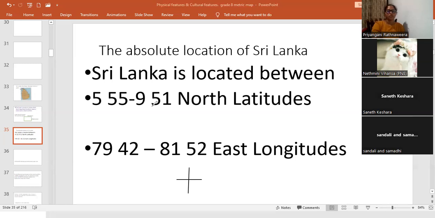This is the symbol: here should be degrees, here should be minutes. 79 degrees and 41 minutes to 81 degrees and 52 minutes east longitudes.